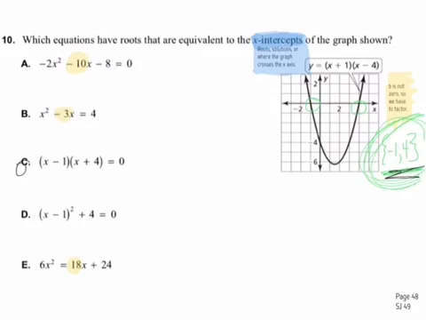C's ready. C already has the zero product property done. If you look, you've got x minus 1 times x plus 4. You already have your trinomial factored, so I can go ahead and do the zero product property, set each factor equal to 0, and solve.